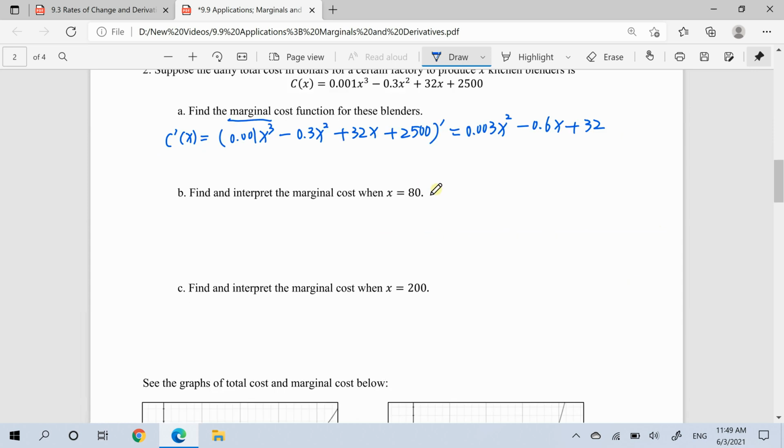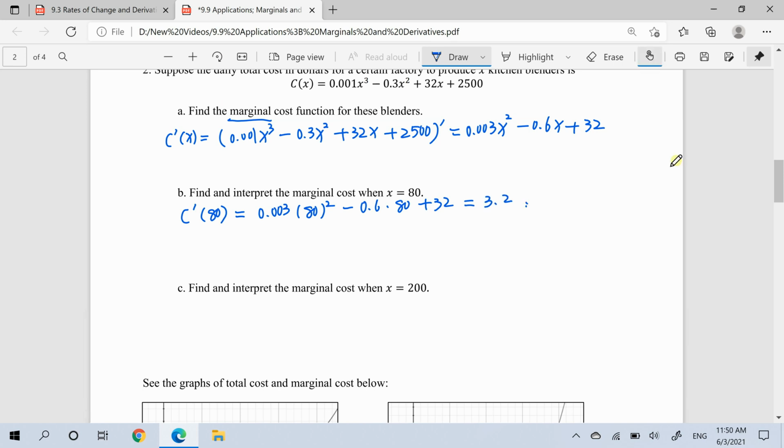When x is 80, for the marginal cost you just replace x by 80. So 80 squared, 80 minus 606 times 80 plus 32. I just directly put the answer here: 3.2.